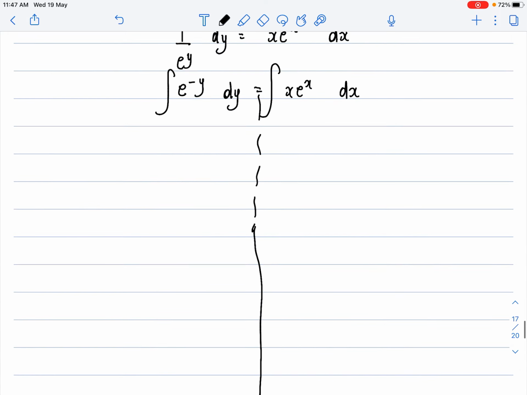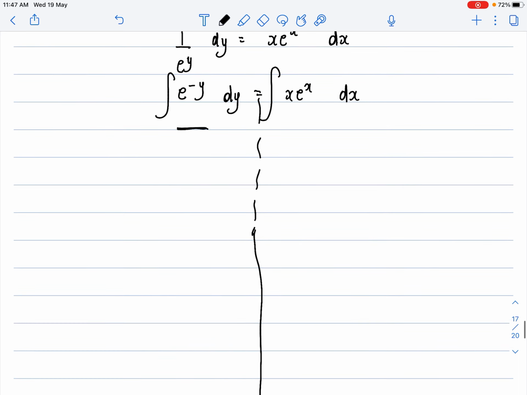Okay, so now the integration of e raised to minus y is simple, it's the same, e raised to minus y as it is, over the coefficient of y, which is minus 1. Now, the integration of x into e raised to x dx. For this, you need to recall your further integration chapter where we studied something called integration by parts.